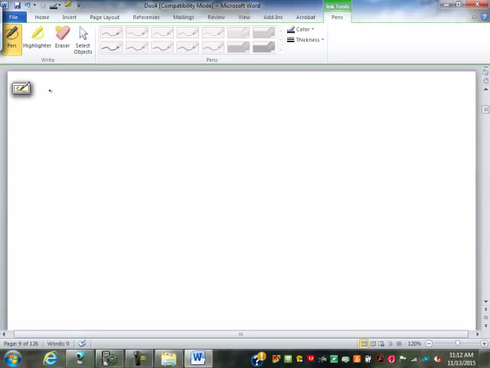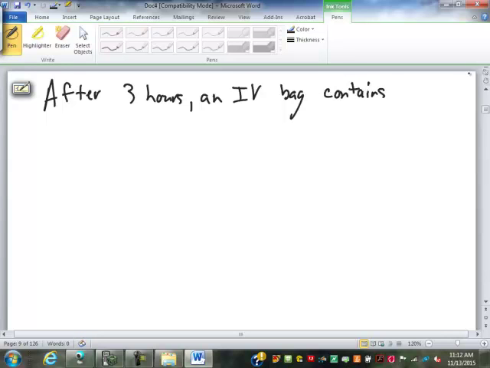Okay, so after 3 hours, an IV bag contains 750 milliliters.